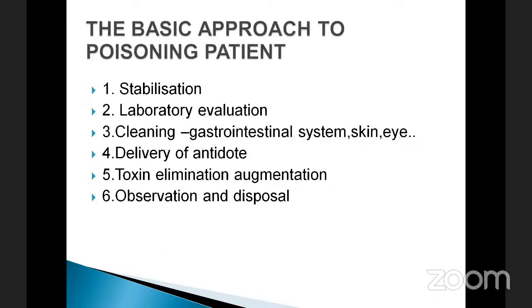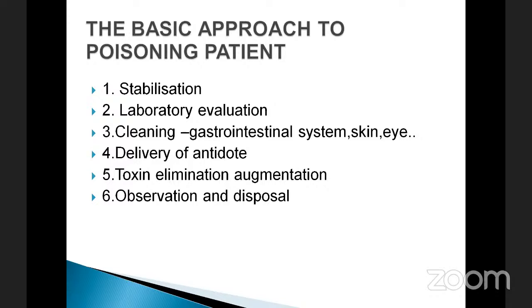Before going into OP poisoning, I just want to add some points on general poisoning management. The basic approach to a poisoning patient mainly includes these 6 steps. Initially, it is stabilization, which includes taking care of airway, breathing, and circulation, and initiating confirmation of intoxication.